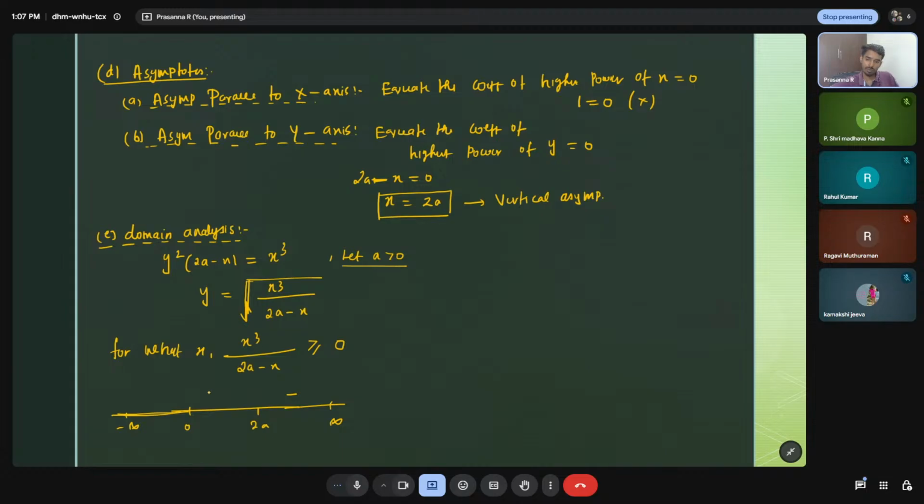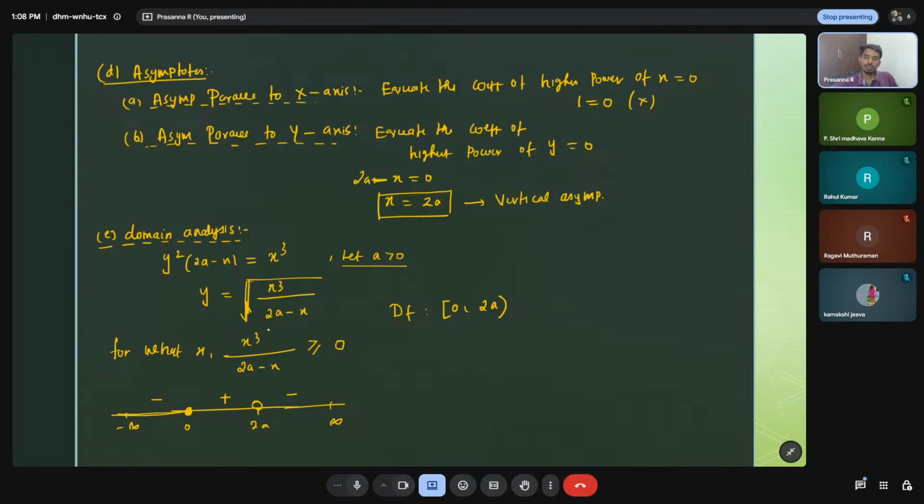Here, where x is negative, x cube will also be negative, while 2a minus x is always positive. So the expression is greater than or equal to 0 only in this region. At 0 it is equal to 0 and at 2a it is equal to 0. So my domain of f is 0 to 2a. The function is defined only in the interval 0 to 2a.